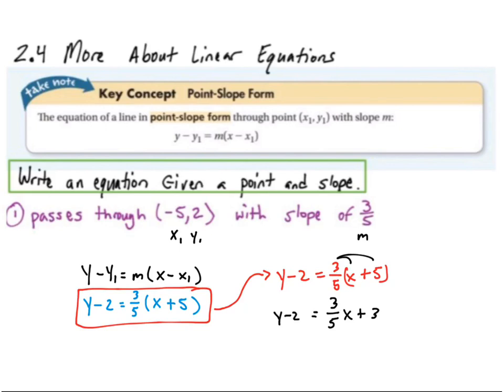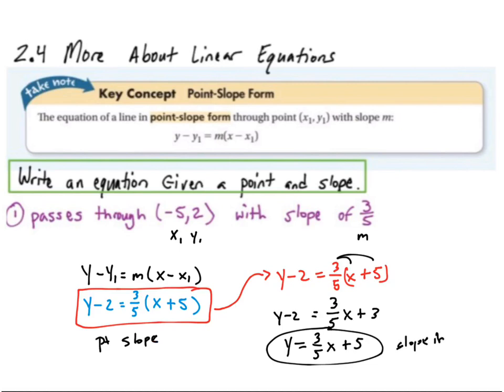Then we're going to add the 2 to the other side, and we get y equals 3/5 x plus 5. So this is our point-slope form. On the left, this would be slope-intercept. So you can kind of move between the two as necessary.